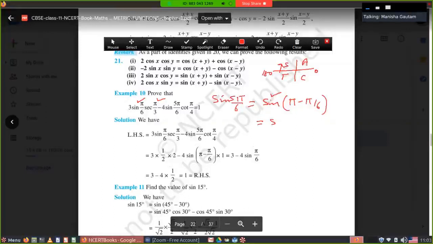It means this is equal to sin pi by 6. If I put the value of sin pi by 6, that is same as sin 5 pi upon 6. Put the values and you are getting the solution that is equal to 1.